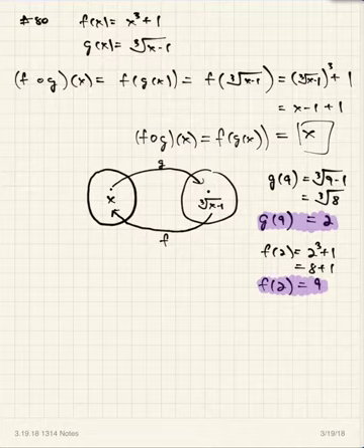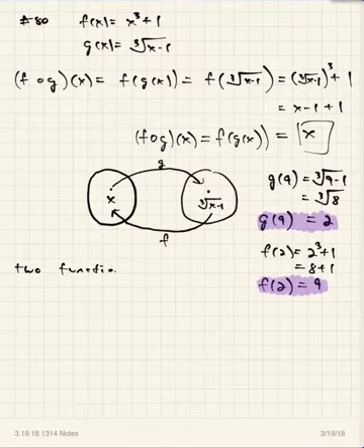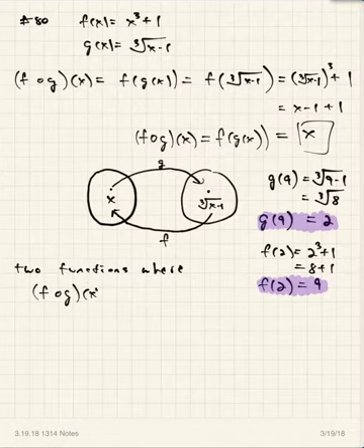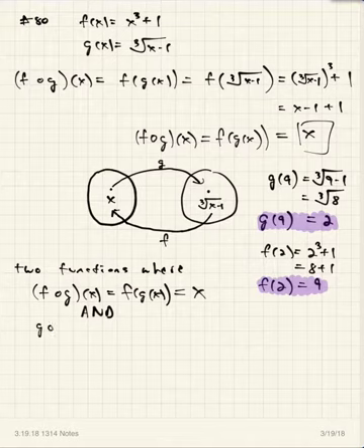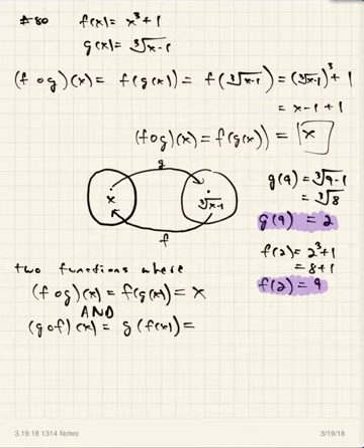What happens here in a situation like this is that two functions where f circle g of x, or f of g of x, is equal to x, and g circle f of x, which is equal to g of f of x, is also equal to x.